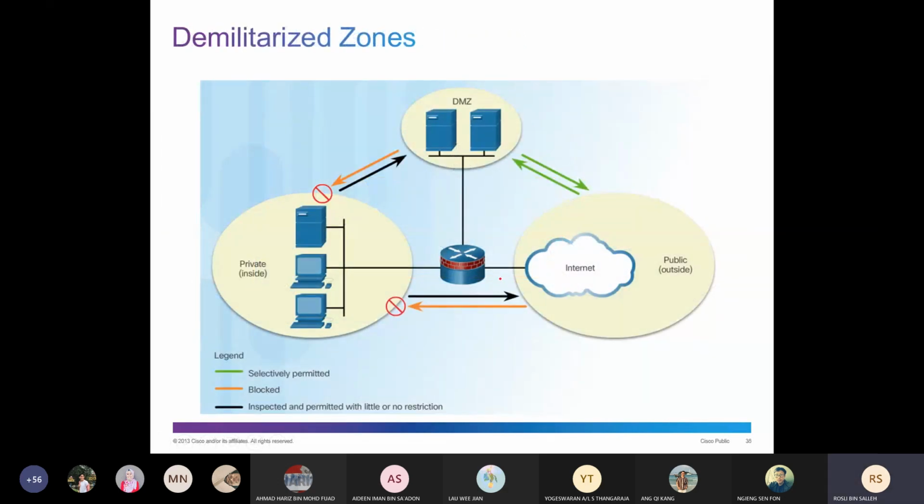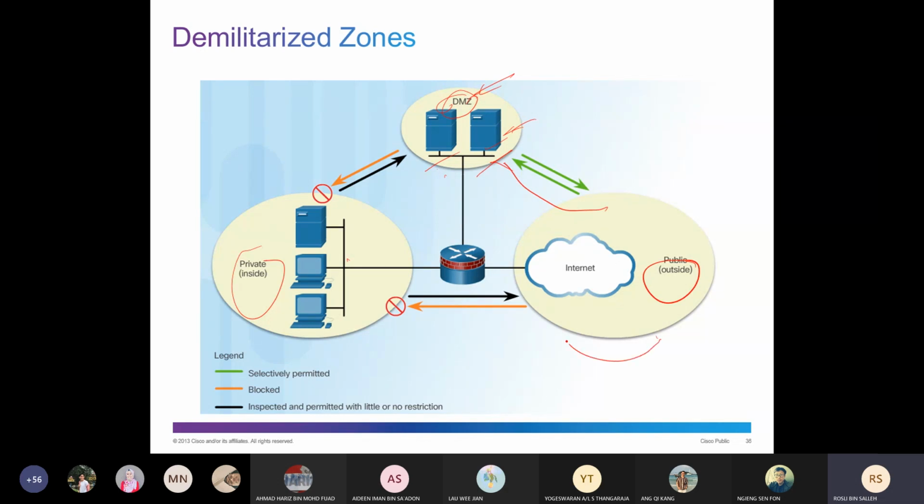There is a concept of firewall nowadays. They call it DMZ as well. We have inside, we have outside, but there is also DMZ. This is where we put all our servers. We put all the servers because we want people from outside also to be able to access your server. For example, you have a web server, or even nowadays we have remote workers.